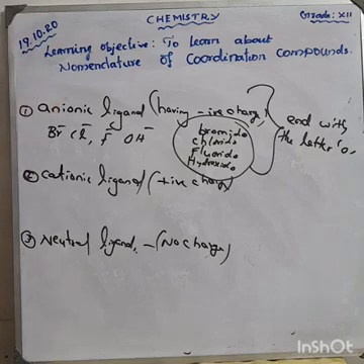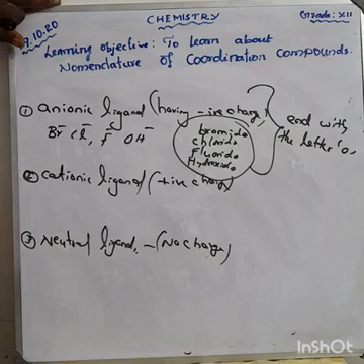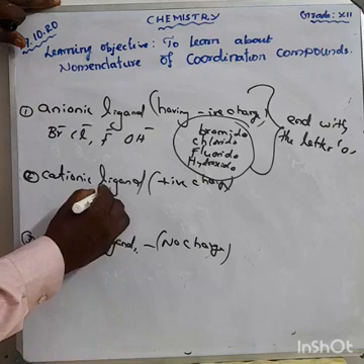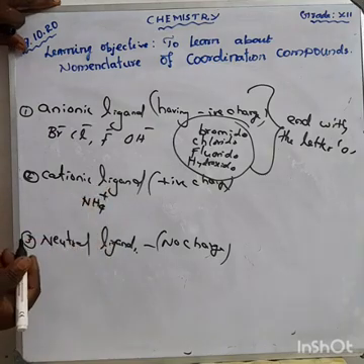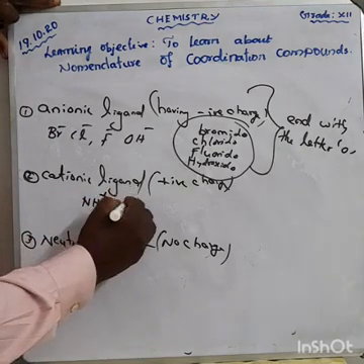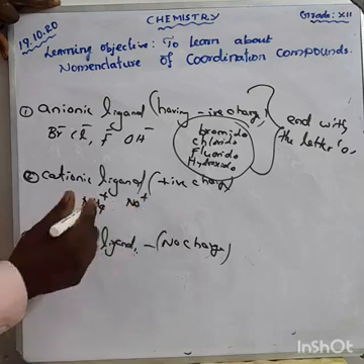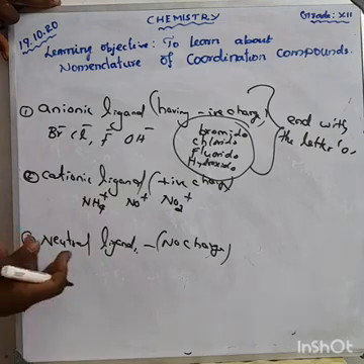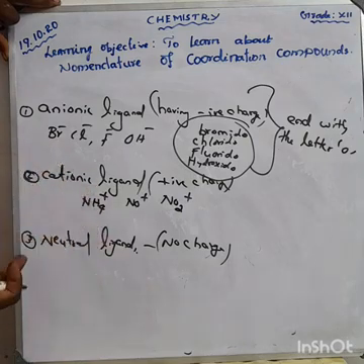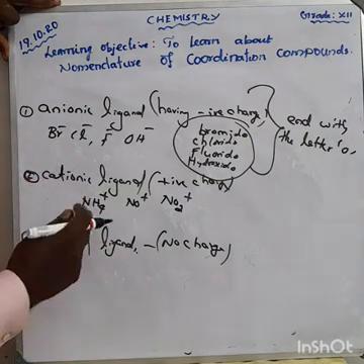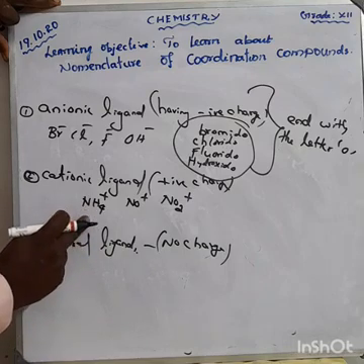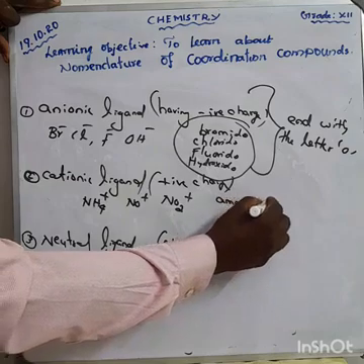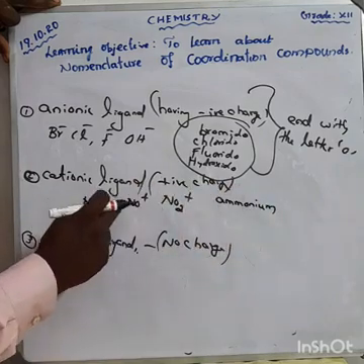What can you say about the cationic ligand? NH4 plus, we can give as one of the cationic ligands. NO plus. Next, NO2 plus. These are the examples. NH4 plus, ammonium. Hydronium.